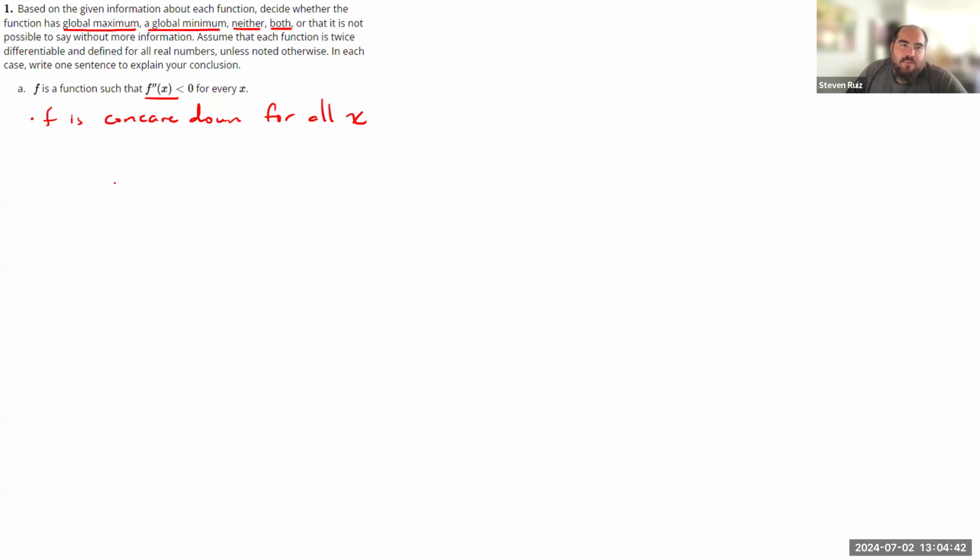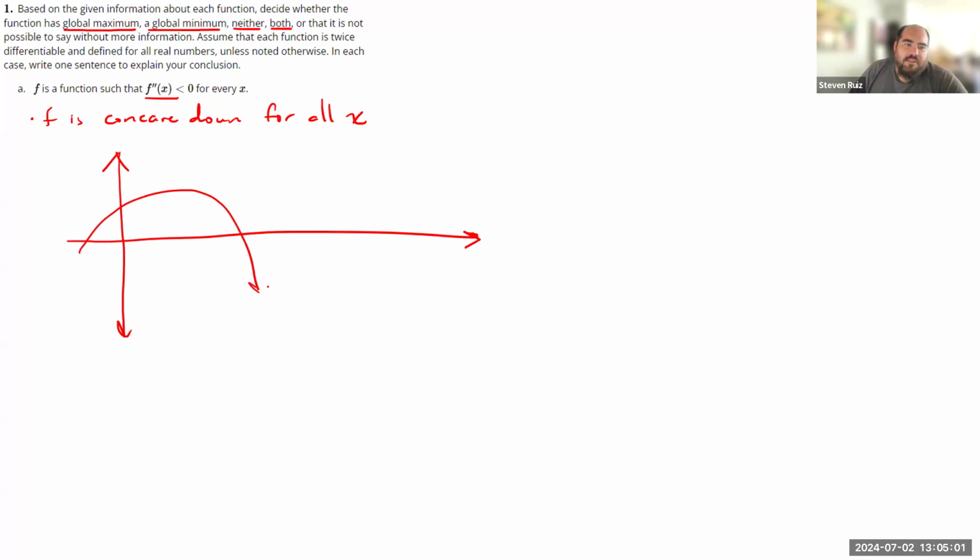So there are actually a couple ways to look at this. One way you can have a function that's concave down everywhere is that, bear in mind, they're not saying anything about the first derivative. So it's possible that the first derivative is positive in places.